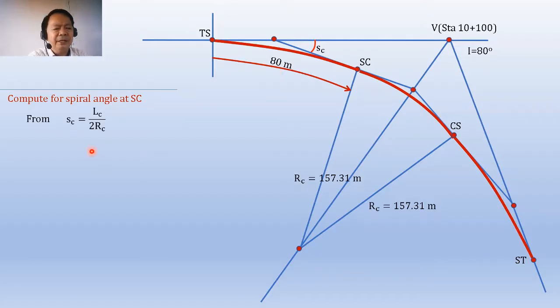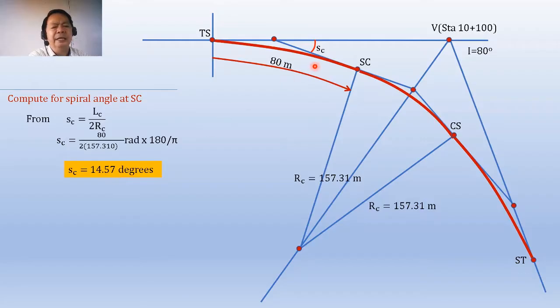So that we can now compute for that S sub C. Of course, this S sub C is expressed in terms of radian. So you will be having 80 divided by 2 times 157.310. If that is in radian and converting it into degrees, we simply multiply it by 180 divided by pi, and so our spiral angle at SC is computed at 14.57 degrees.